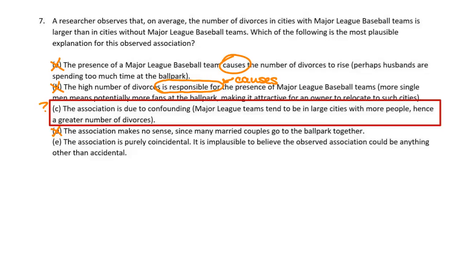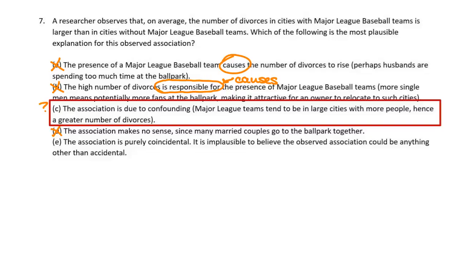Yes. So if you were to compare just straight numbers, number of divorces that happen in Muncie versus number of divorces that happen in Indianapolis, which one do you think is going to be higher? Indianapolis, because there's just more people here. So that's what part C is saying here.